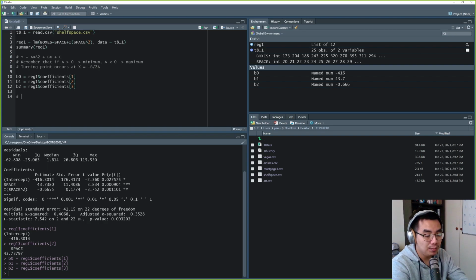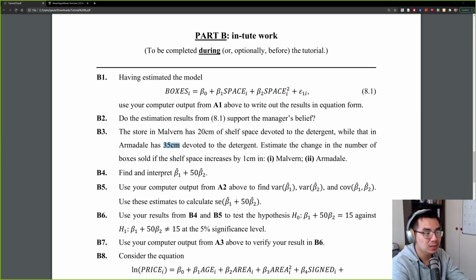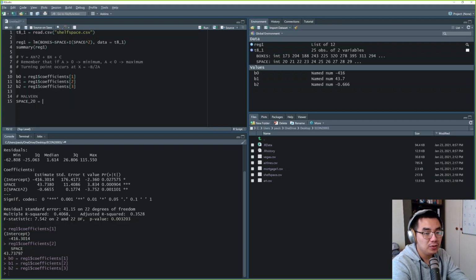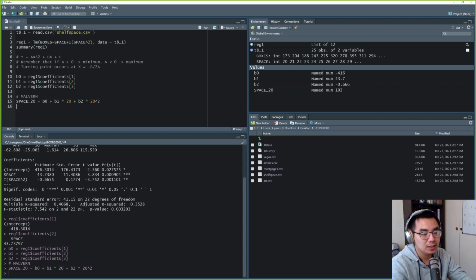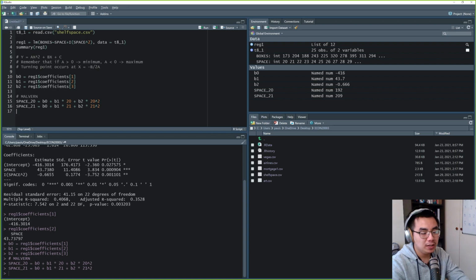So let's have a look at Melvin first. Let's have a look at what happens when we have space, what was it, 20? Okay. So if you want to calculate the number of boxes sold when space is equal to 20, that's beta 0 plus beta 1 times 20 plus beta 2 times 20 squared. And do the same thing for space is 21. And this will give you the exact change, right?